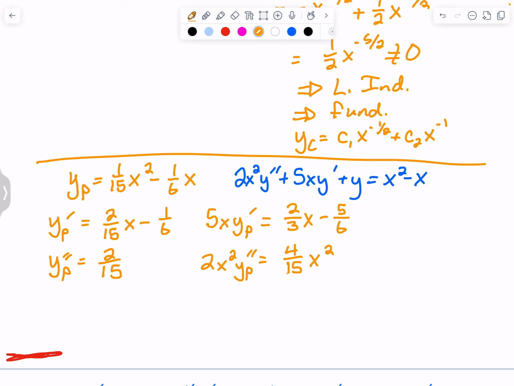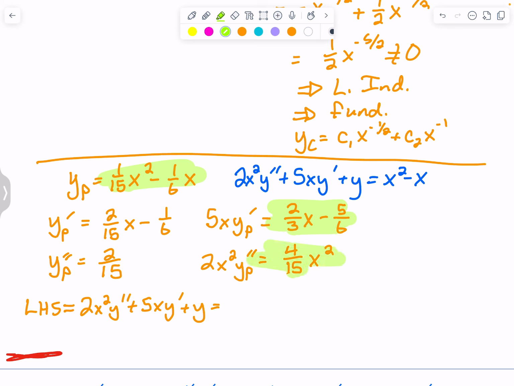x squared. So the left-hand side is equal to 2x squared y double prime plus 5x y prime plus y. I said prime, but I meant double. We can highlight these and add them together. If I add them together, I got 4/15 plus 1/15 x squared.